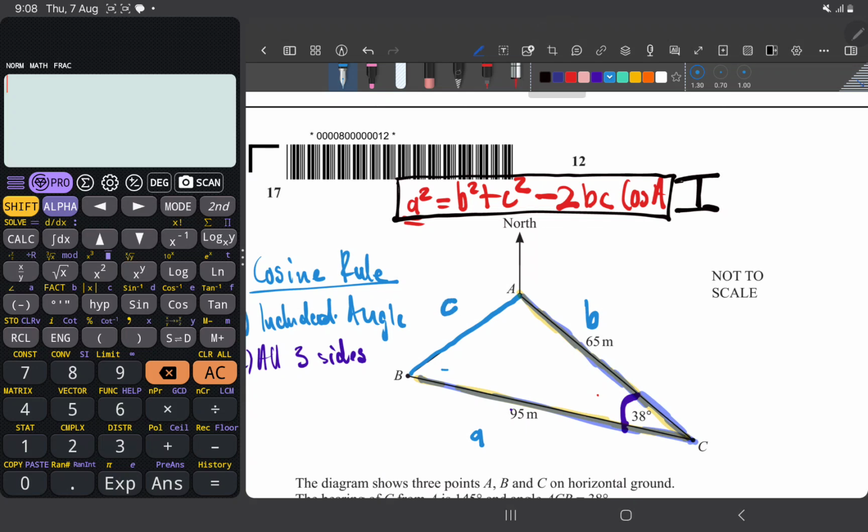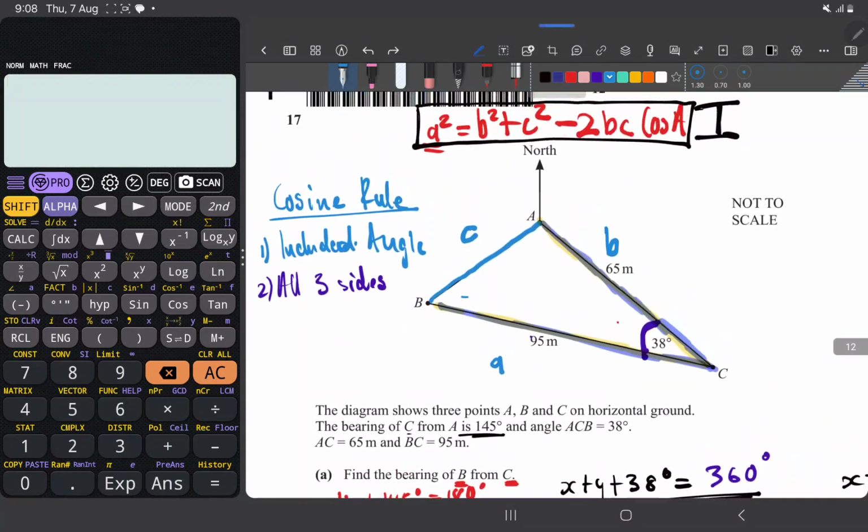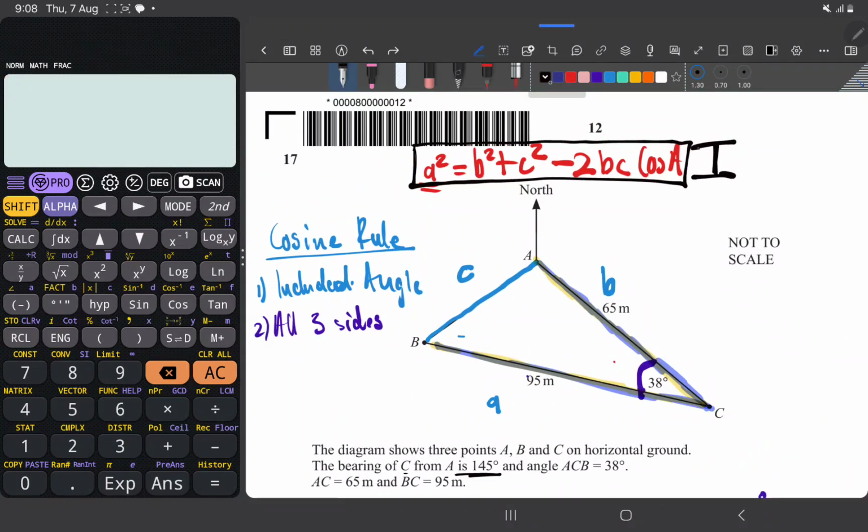Now, which side am I looking for? I am looking for side c, the missing one. So what do you now write? You don't write it as a. Our version is c squared is equal to the other two, which are obviously a and b. You're looking for c, so it's c squared equals a squared plus b squared. First you write it as squared.